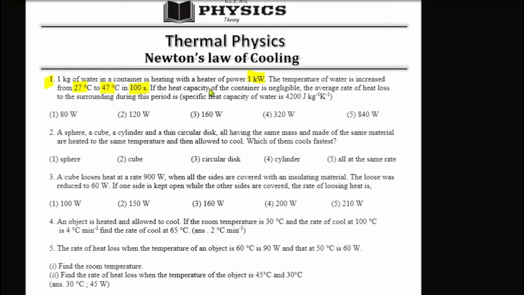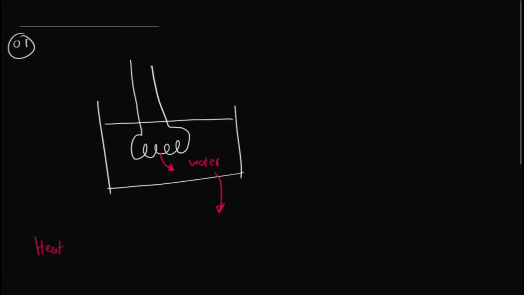So if the heat capacity of the container is negligible, they're saying the container doesn't absorb heat, right? Then what is the average rate of heat loss to the surrounding? Here, if we consider this as the water column, the heater is supplying heat, let's assume Q1.